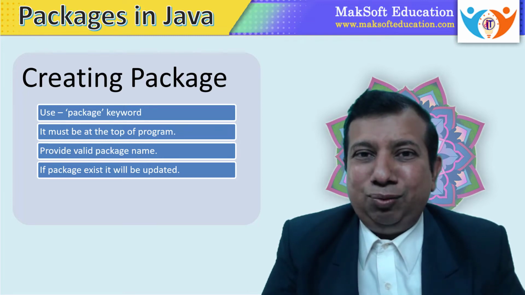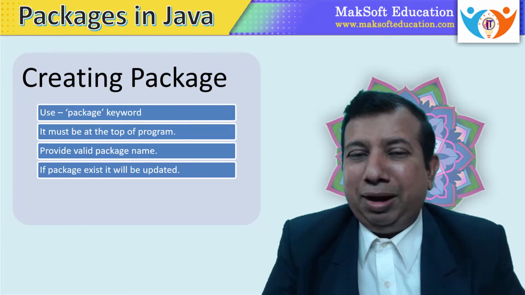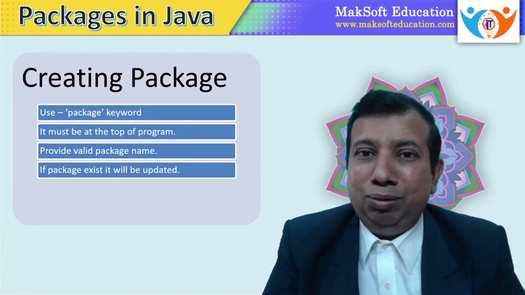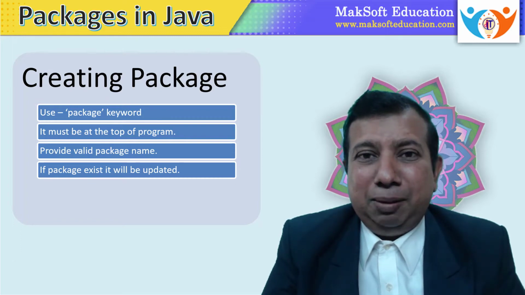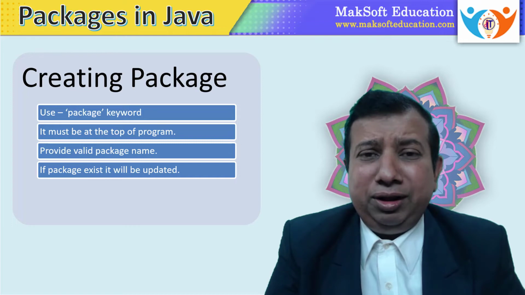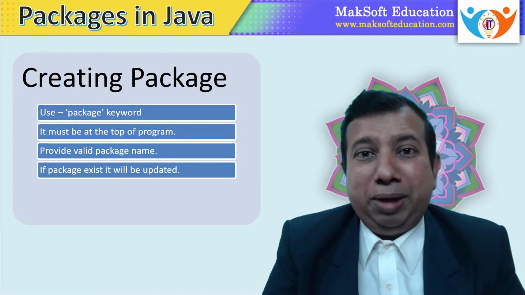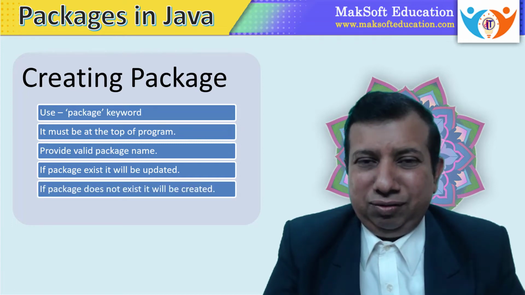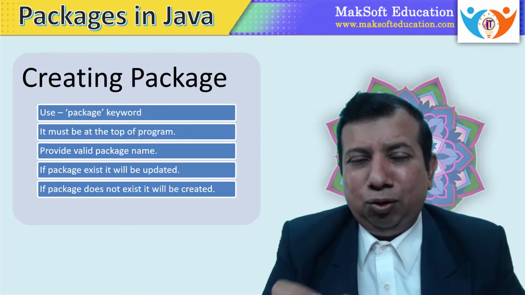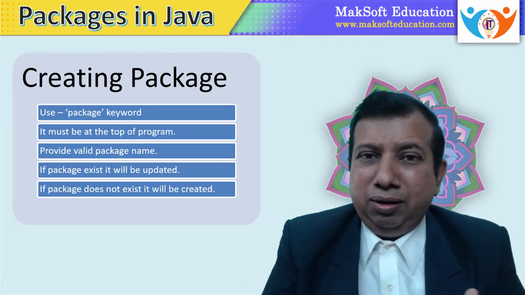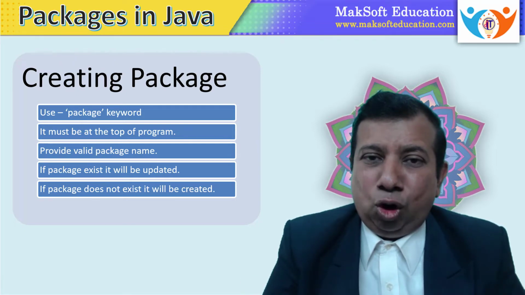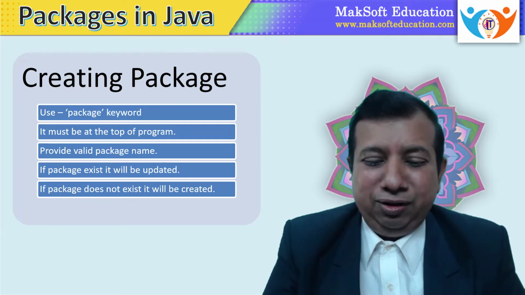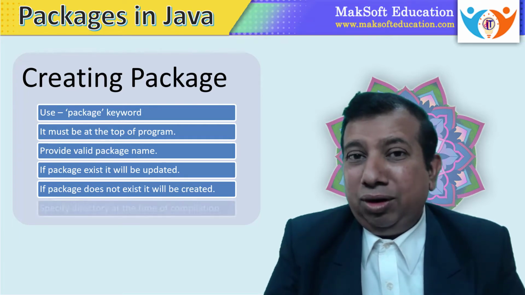Your new .class files will be added in the package, or if the same .class files are available in the package, those will be replaced. If the package already exists, it will be updated, and if it does not exist, then a new package will be created. So this is one line, package followed by package name, which will replace an existing package, or it can create a new package. Now this is about writing a program.